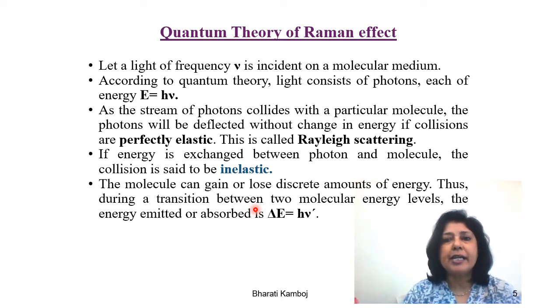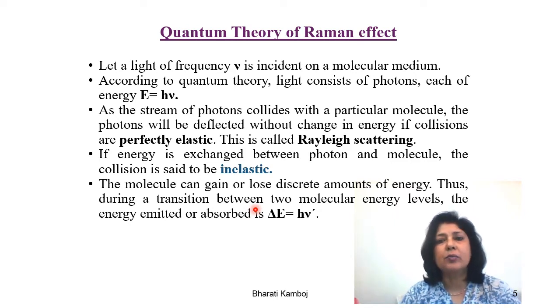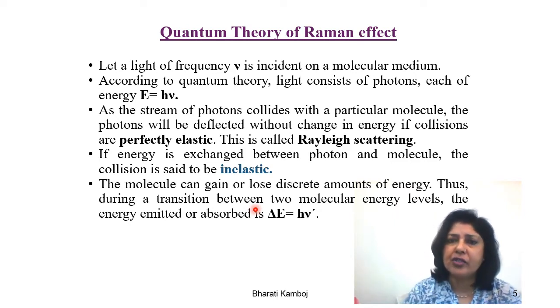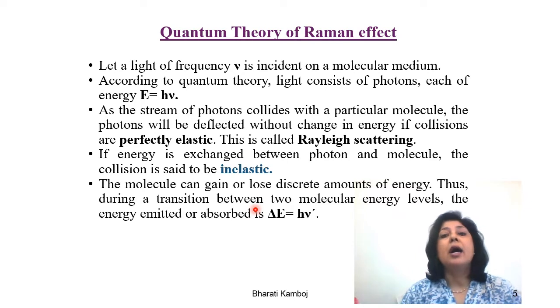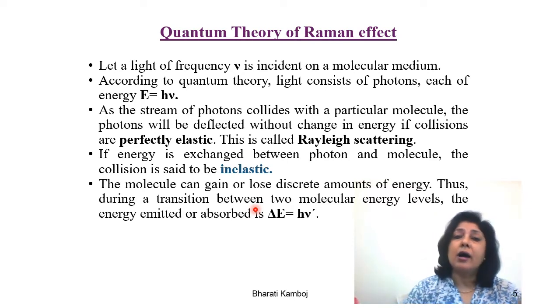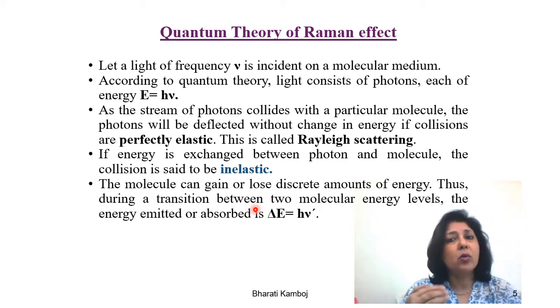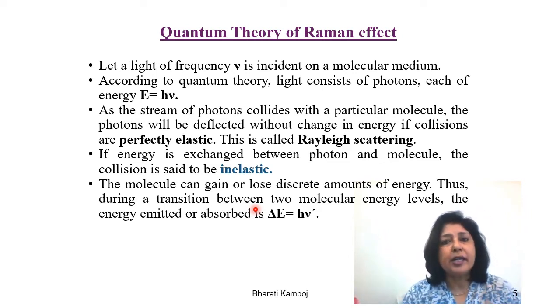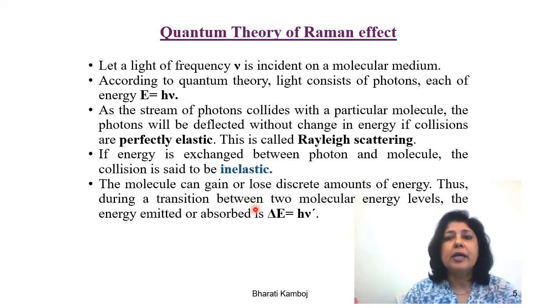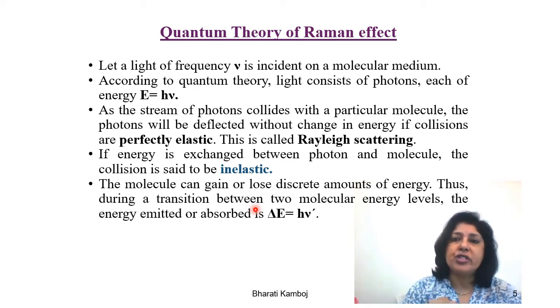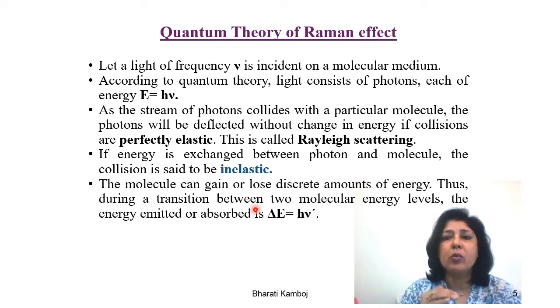The change in energy of the photon is equal to the change in energy of the molecule. If the photon gains energy, the molecule loses energy. If the photon loses energy, the molecule gains energy. And therefore the change in the energy of the photon is equal to the change in the energy of the molecule.